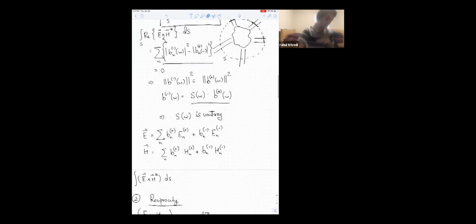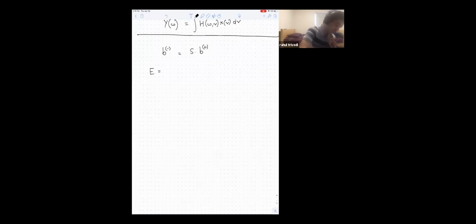So you're right. Let me write this in more detail here. I think what you're getting confused by is that the way I've defined my scattering matrix is that I take B minus and I get B plus, right? So now what is the electric field? The electric field looks like a sum over the amplitude of the forward propagating wave multiplied by the forward propagating mode profile, plus the amplitude of the backward propagating wave multiplied by the backward propagating mode profile.